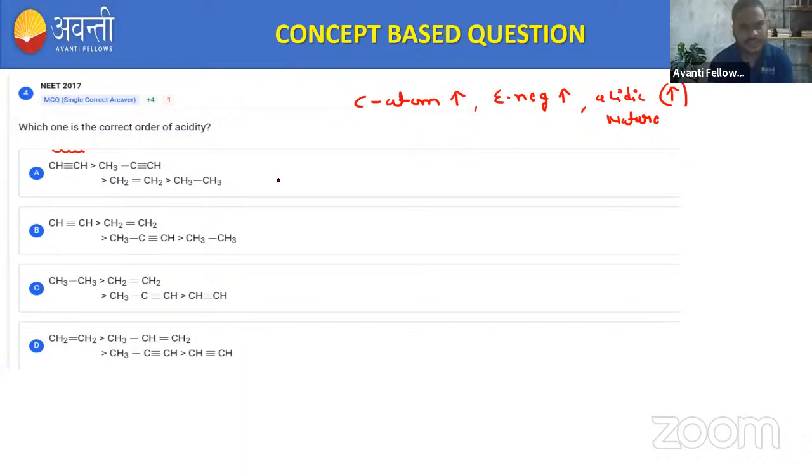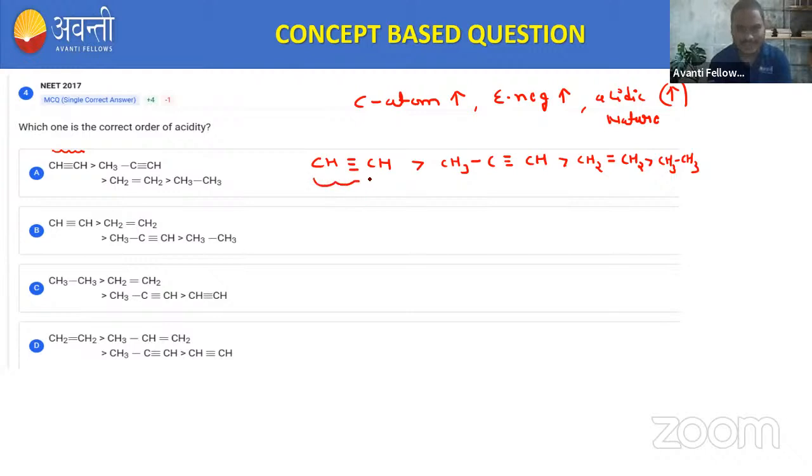Let me draw the structure of this ethyne. We have CH triple bond CH. Again, in this we have CH3 and C triple bond CH. And in this we have CH2 double bond CH2, and then we have CH3 and CH3.